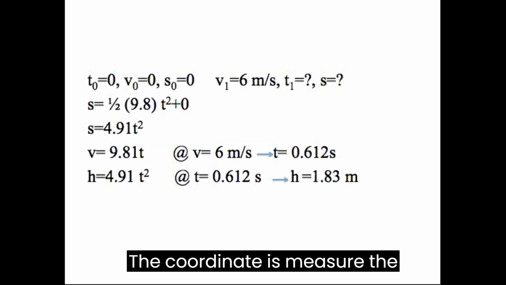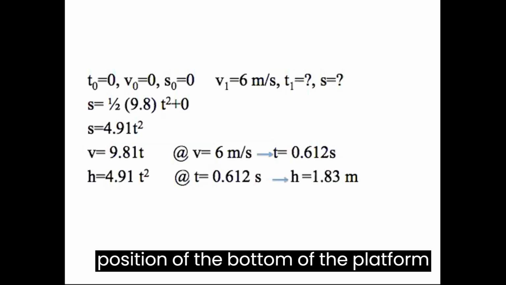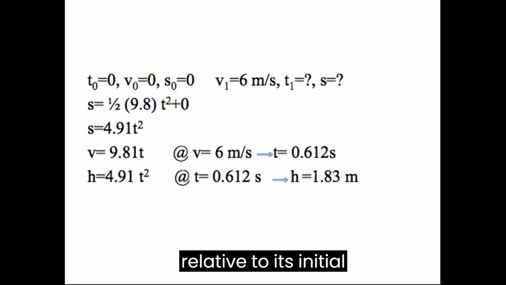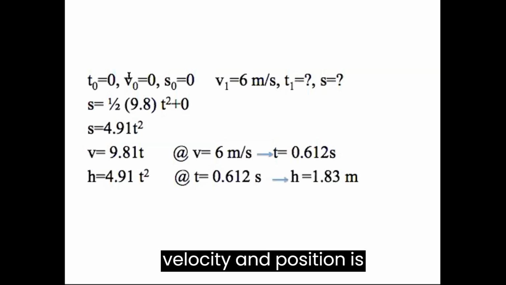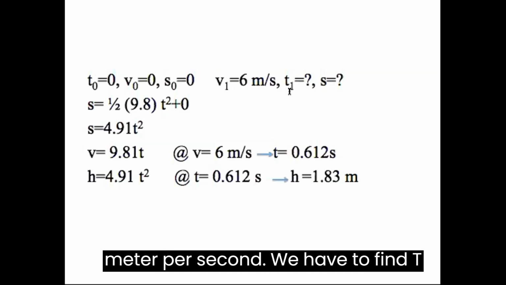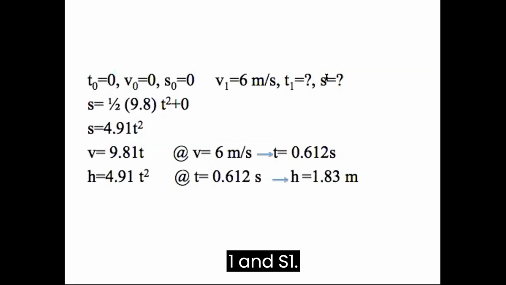The coordinate s measures the position of the bottom of the platform relative to its initial position. At time 0, velocity and position are 0. At v1, when it hits the ground, the velocity is 6 meters per second. We have to find t1 and s1.